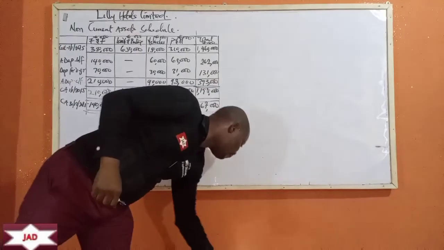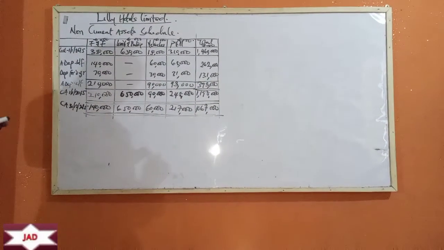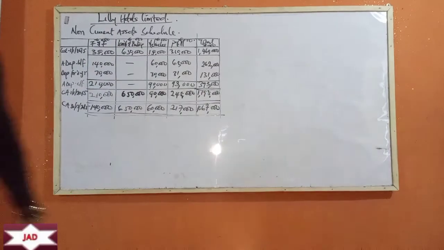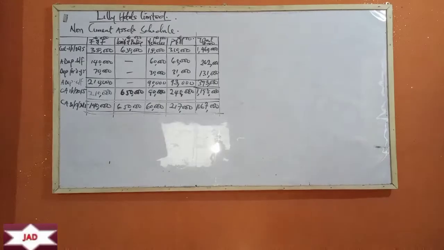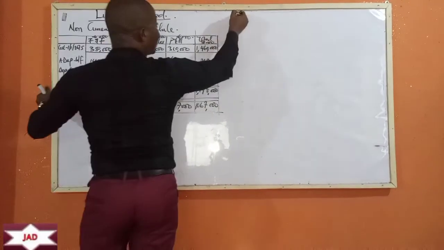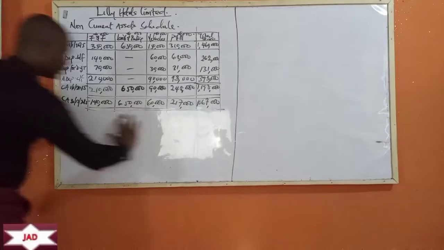Okay, so that is it for the non-current assets. And the next question, let's say we should prepare the income statement. You already know how to prepare an income statement now. I don't have to teach you that. So let's do that here.